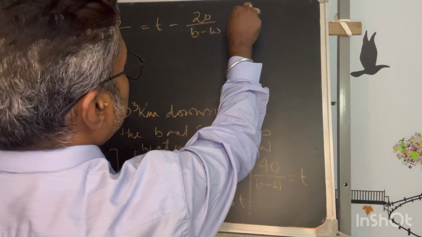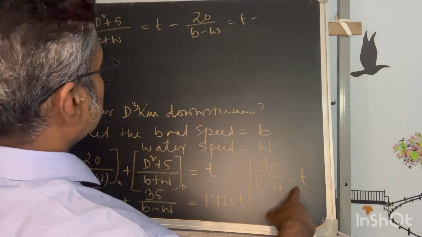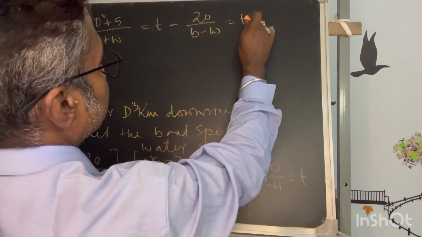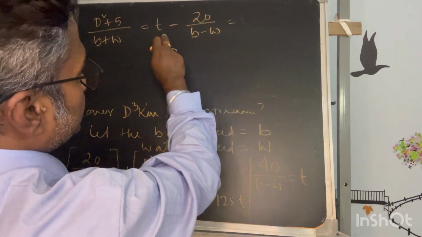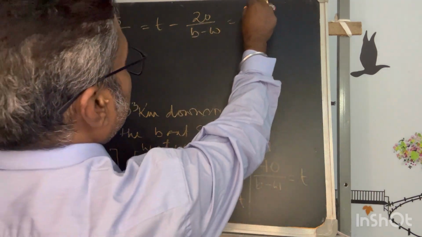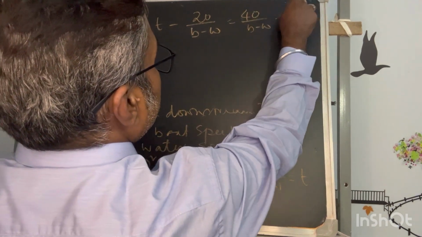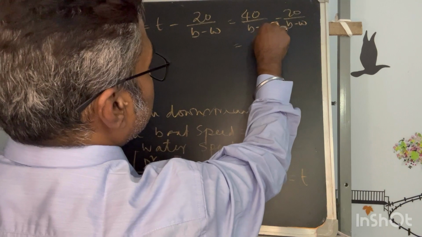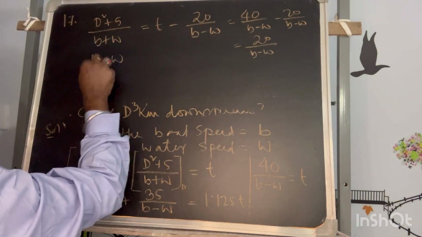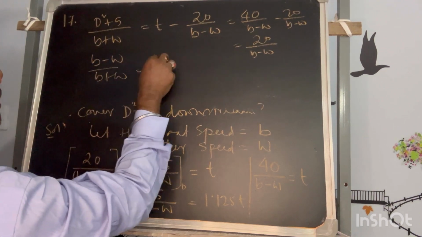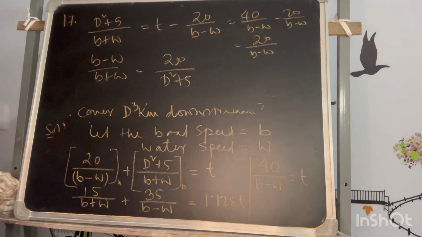So that can be written as 40 by b minus w minus 20 by b minus w, that is equal to 20 by b minus w. So you can write b minus w by b plus w is equal to 20 by d squared plus 5. Okay.